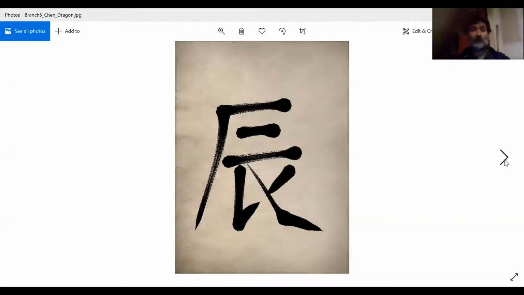The dragon also is just representative of the whole system. Like every animal, dragon is the one animal that is a mythical animal. It is not a real biological animal. So one idea of dragon is that it is all of the other animals mixed into one.